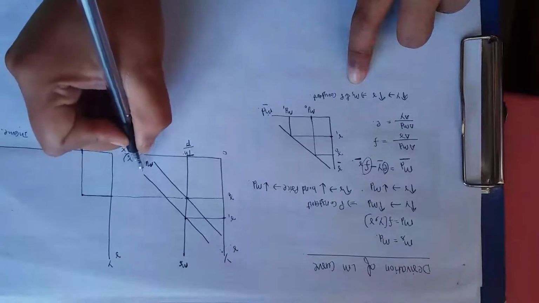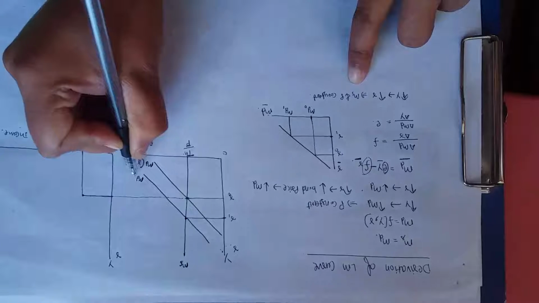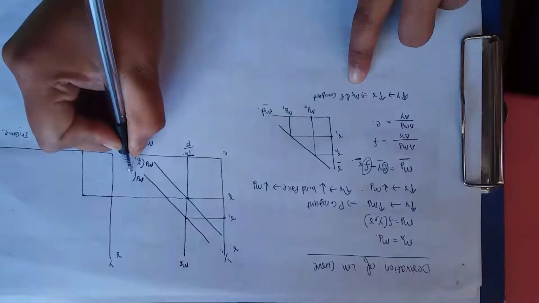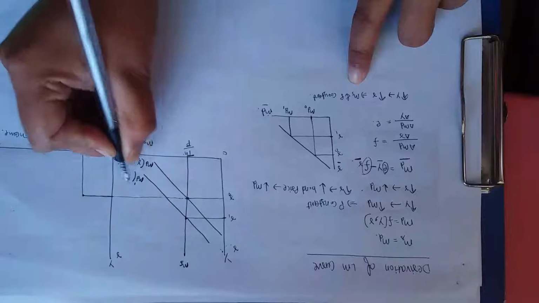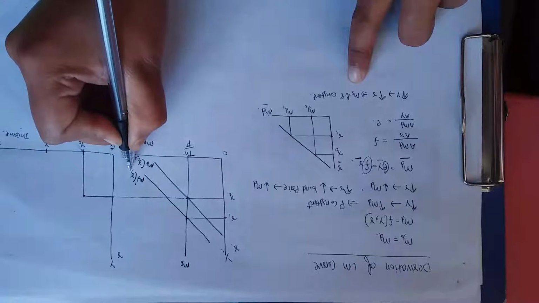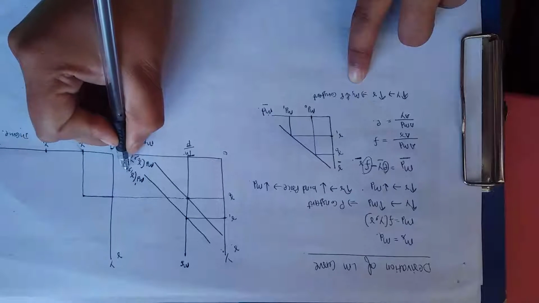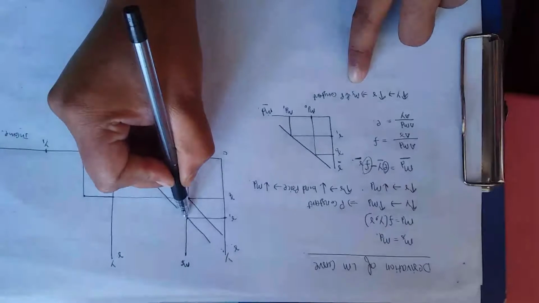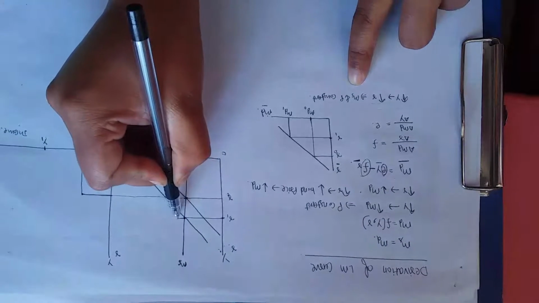The demand curve will shift outward. At this point, the rate of interest is R1 and the income level is Y1. Draw this line.